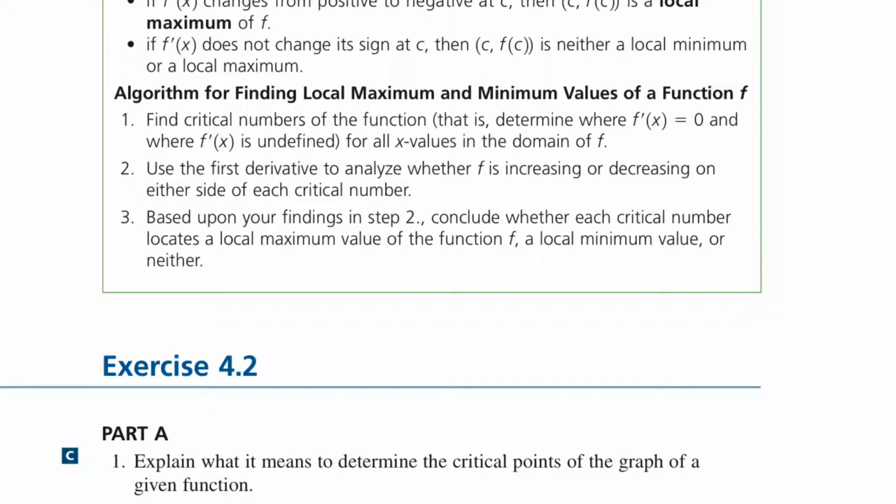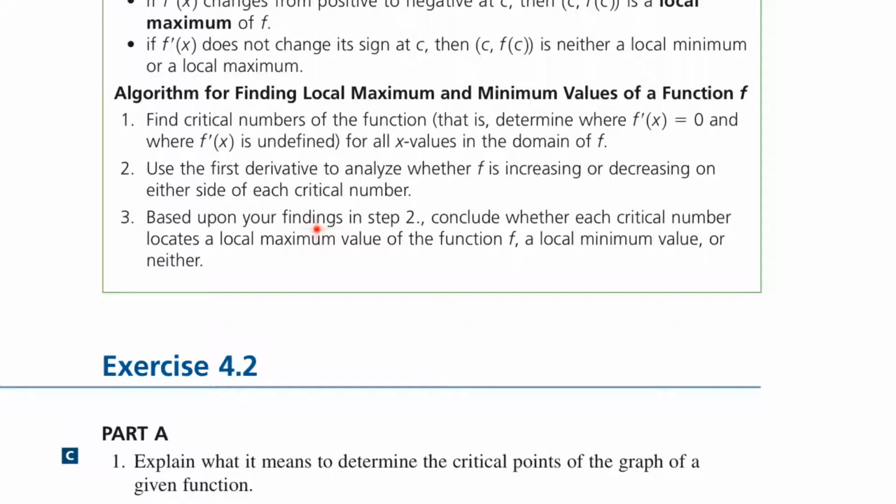So far, what we learned about curve sketching is summarized in this algorithm. We find critical numbers of a function when derivative is 0 or does not exist, and then use the first derivative to analyze whether f is increasing or decreasing on either side of each critical point.